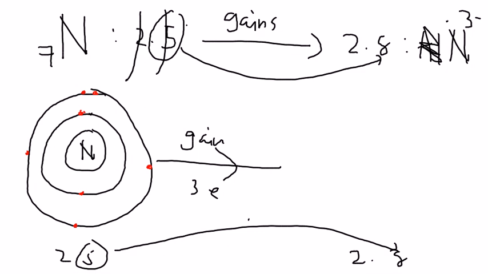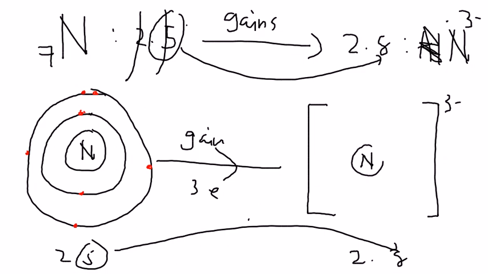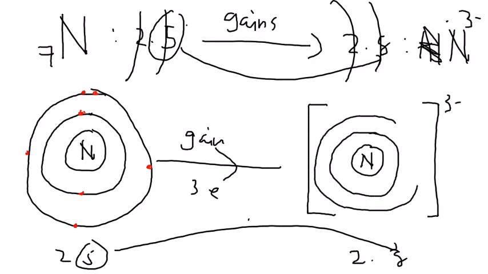Again, for the ion, we always start with the bracket and draw the charge, 3 negative, and nitrogen here. How many layers are we talking about here? 1, 2, so you just do 2 layers. First draw the original electrons, which is 2, 5.